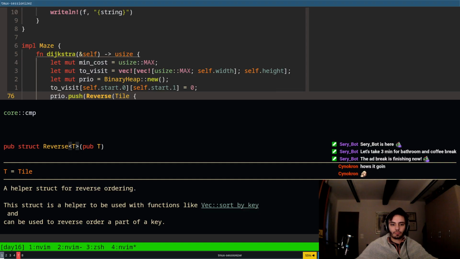Dijkstra, which means if I fix that, it should work.